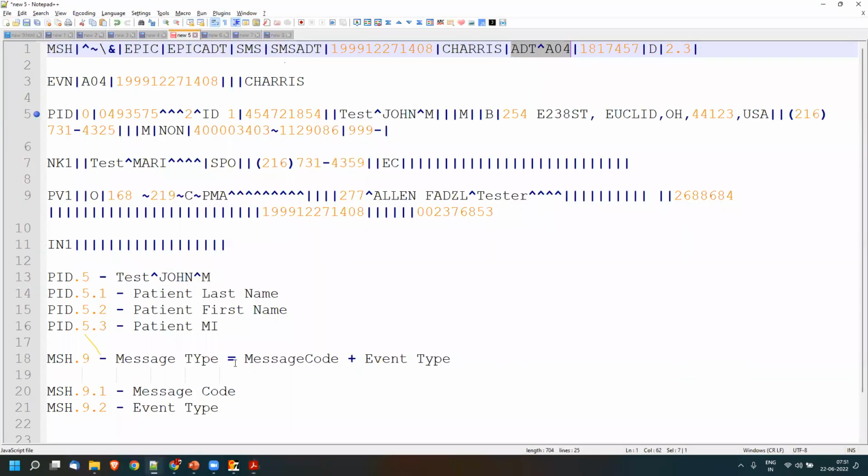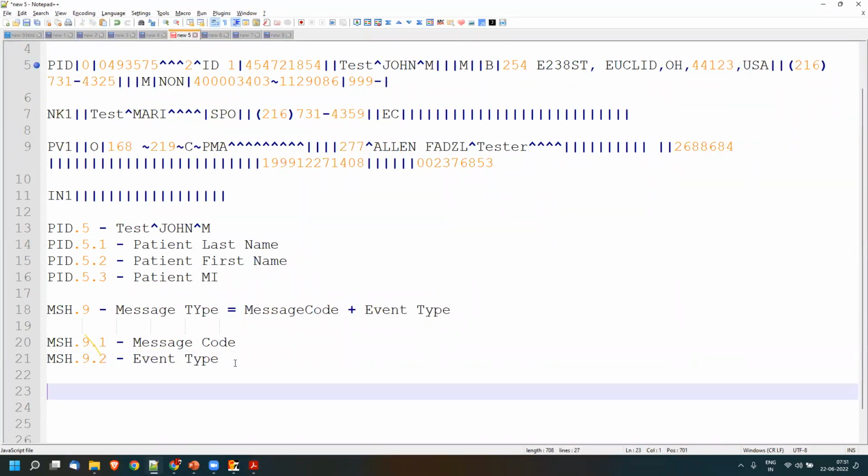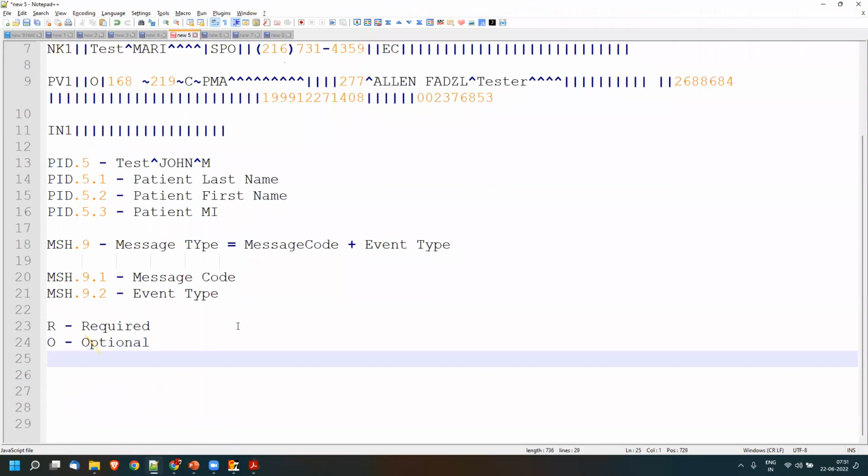You may see a few other expressions as well as part of optionality. Number one, we saw R, which represents required. O represents optional. And then you may also have other things like W, or let's say C. C is conditionally required.